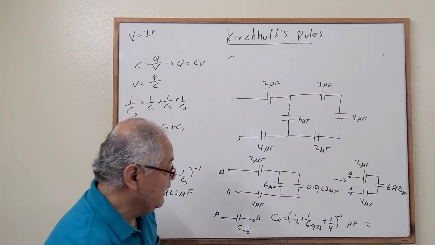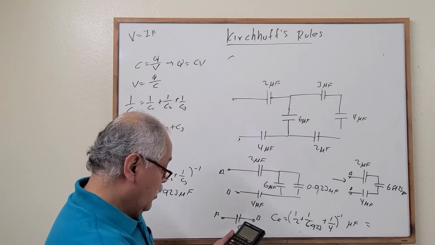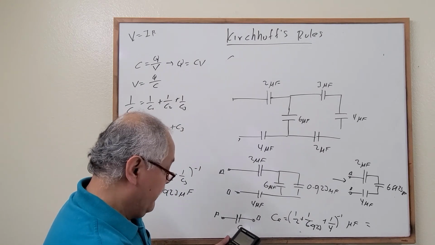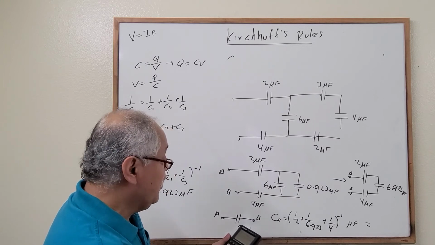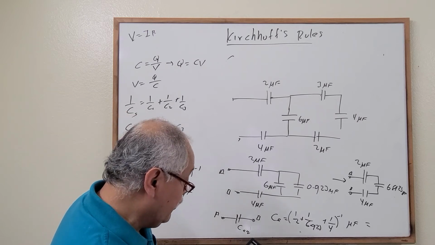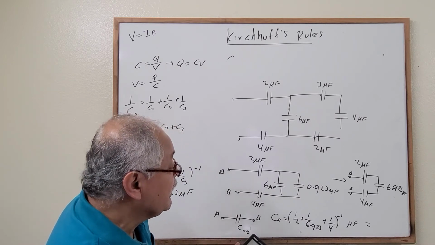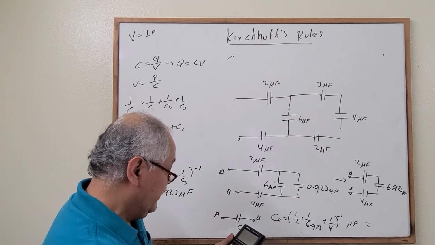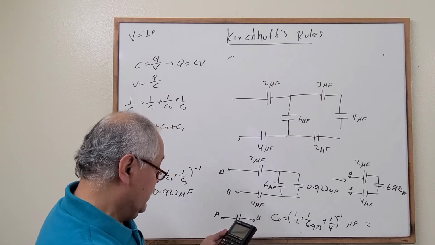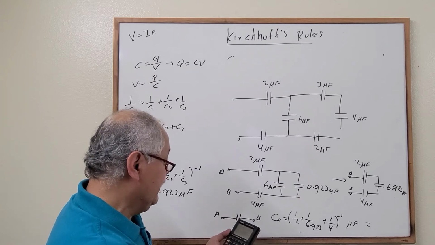It's going to be 1 divided by 2 plus 1 divided by 6.923 plus 1 divided by 4. Perfect. Now inverse to the -1.